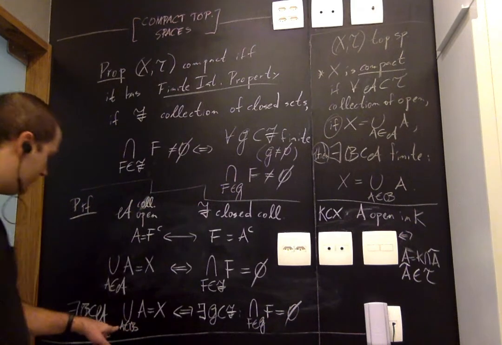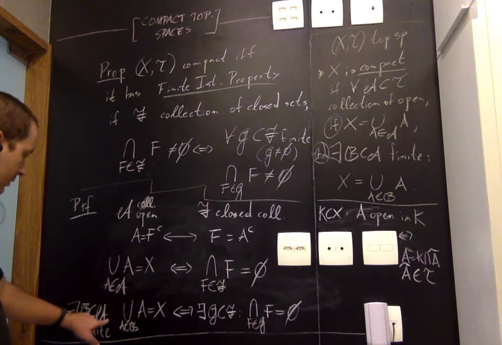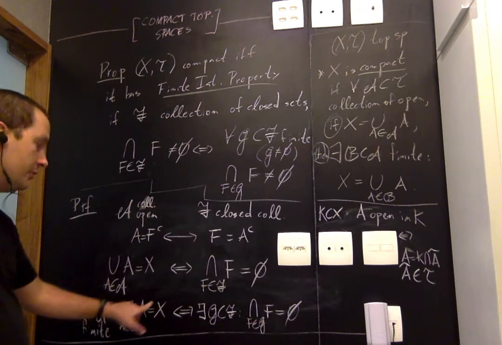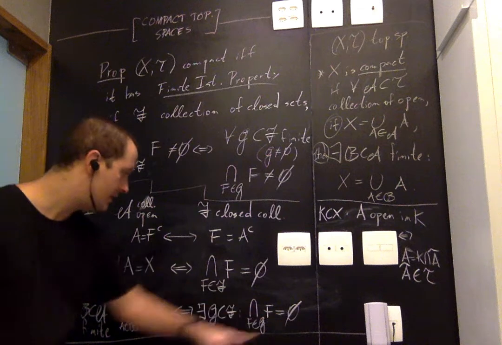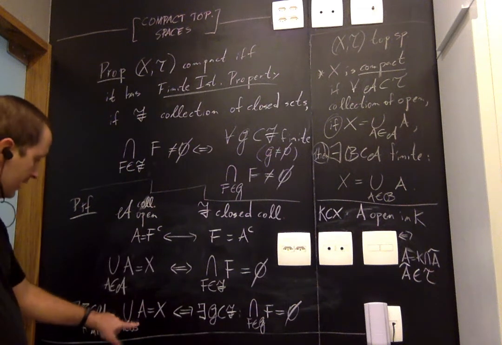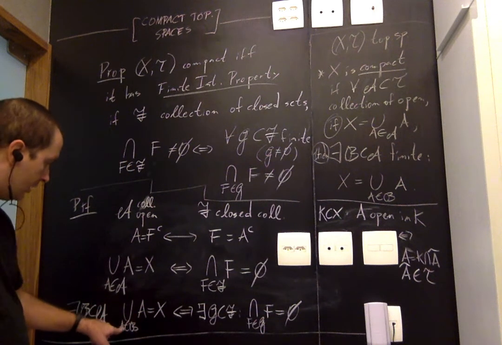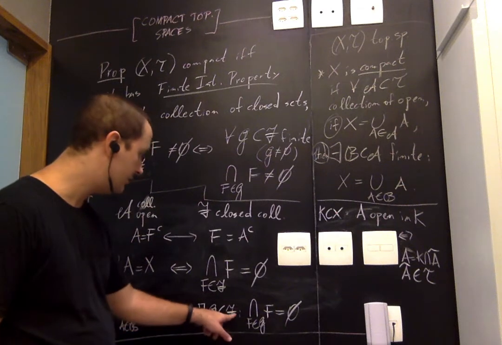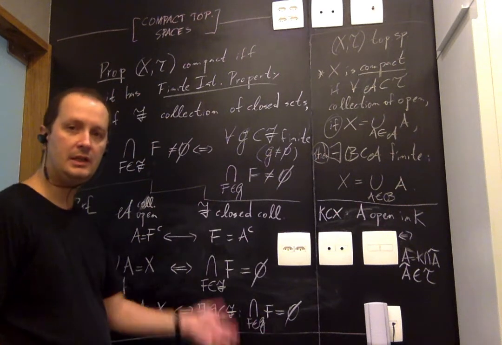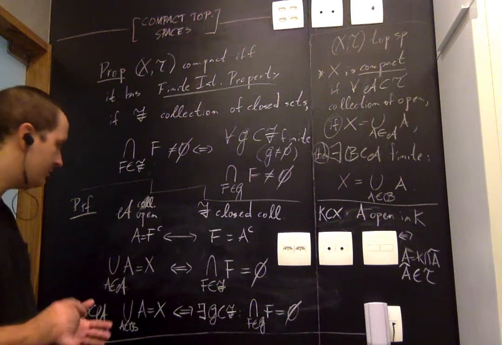Again, I'm just taking complements. Suppose there's this subcollection that's finite whose union covers X. Now I take complements, right? So X complement we know is the empty set. And here I get an intersection of a complement for all A in this collection. And that's like saying I take a finite collection of the closed sets and take this intersection. And that goes both ways, right? So there shouldn't be any problem with this.